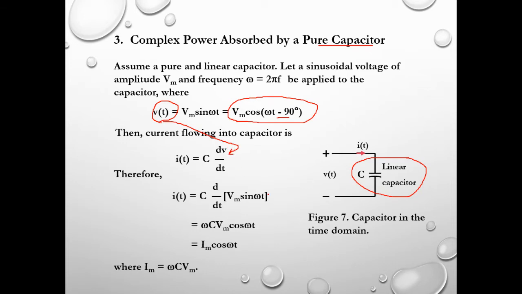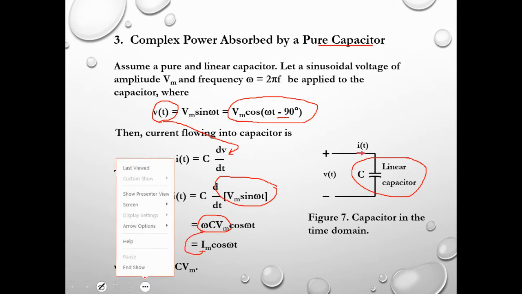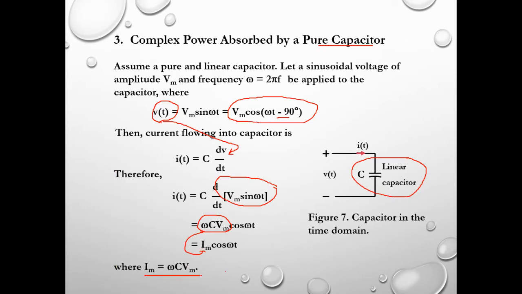This is a differential equation, and we differentiate v(t), which is Vm sin omega t, and we get omega C Vm cos omega t. All of these parameters can be simplified into Im, so Im equals omega C Vm. So this is the capacitor in the time domain.